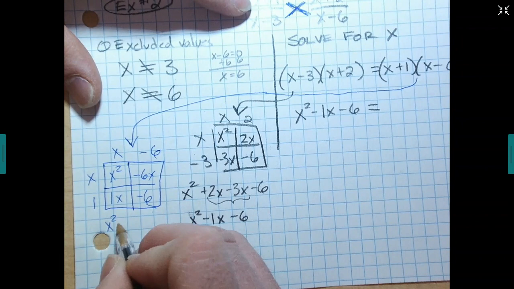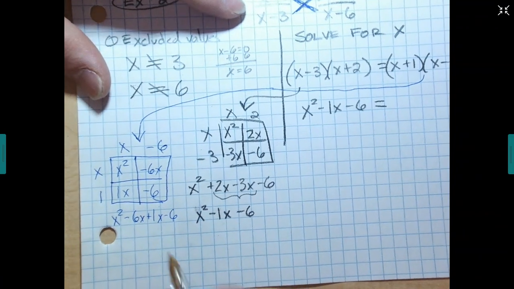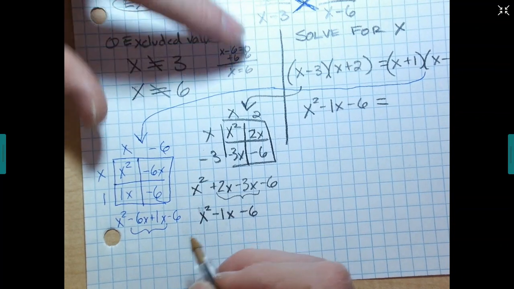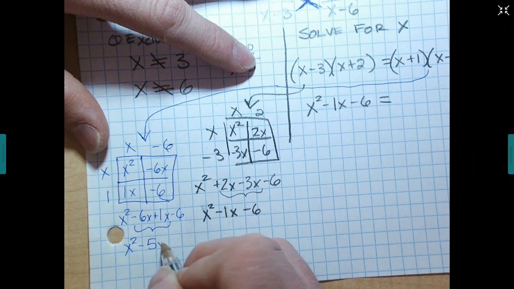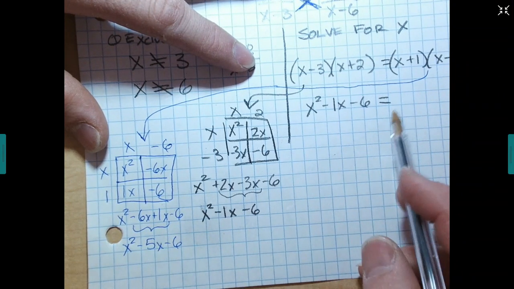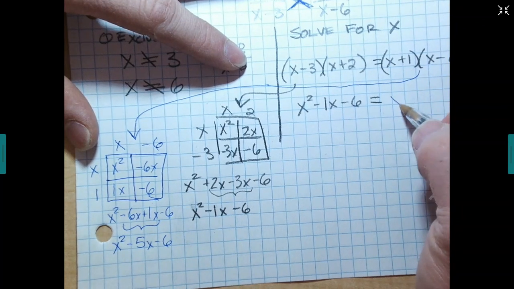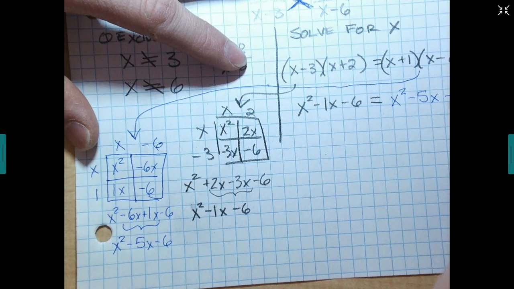So I have x squared minus 6x plus 1x minus 6. Combine my like terms. I get x squared minus 5x minus 6. So this goes on the other side of the equal sign. So I have x squared minus 5x minus 6.